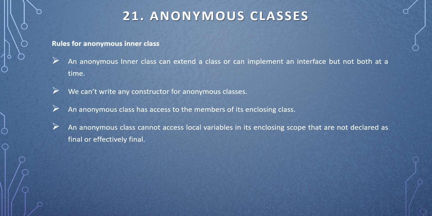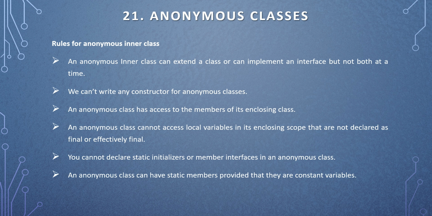An anonymous class cannot access local variables in its enclosing scope that are not declared as final or effectively final. You cannot declare static initializers or member interfaces in an anonymous class. An anonymous class can have static members provided that they are constant variables.